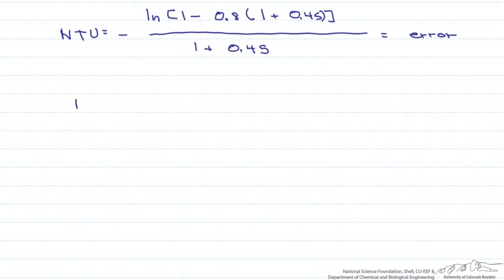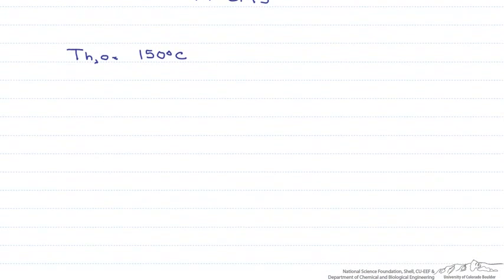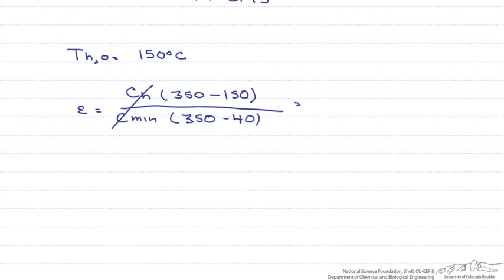Let's say that the gas, instead of exiting at 100 degrees C, we're going to have it exit at 150 degrees C. The first thing is that that's going to change our effectiveness. And we're left with an effectiveness of 0.645.